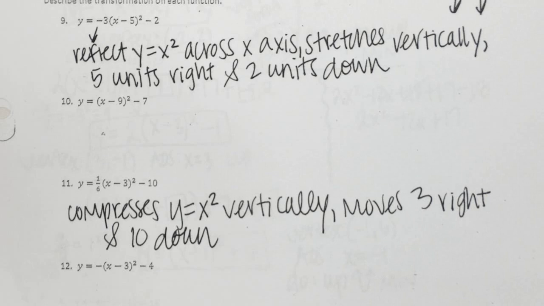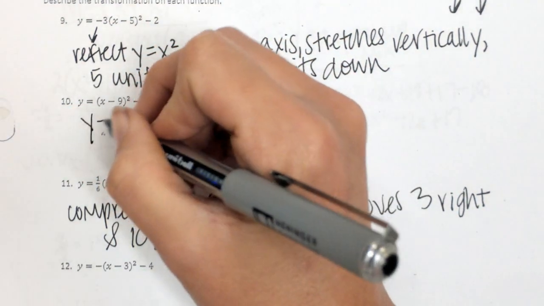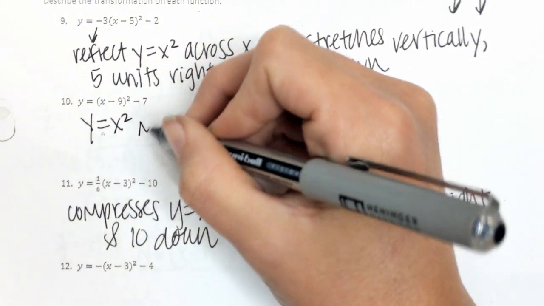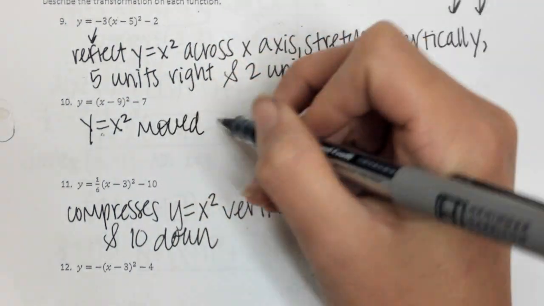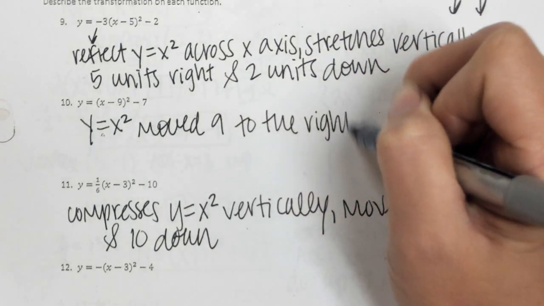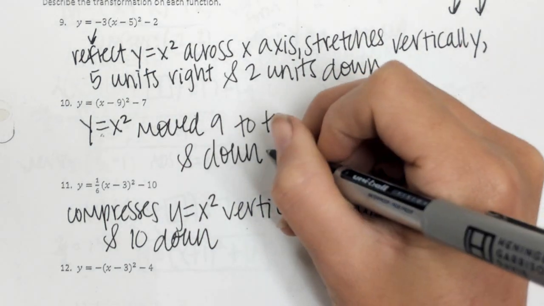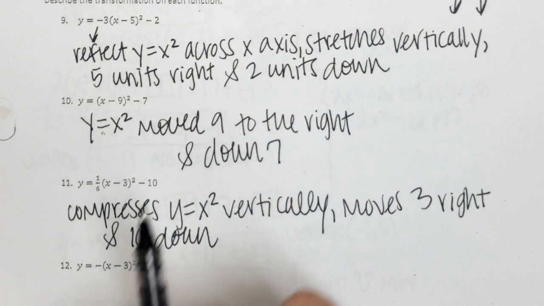Alright, I want you to try 10 and 11 on your own. Pause it, try it, and then unpause it for the answer, okay? There's the answer for this one.